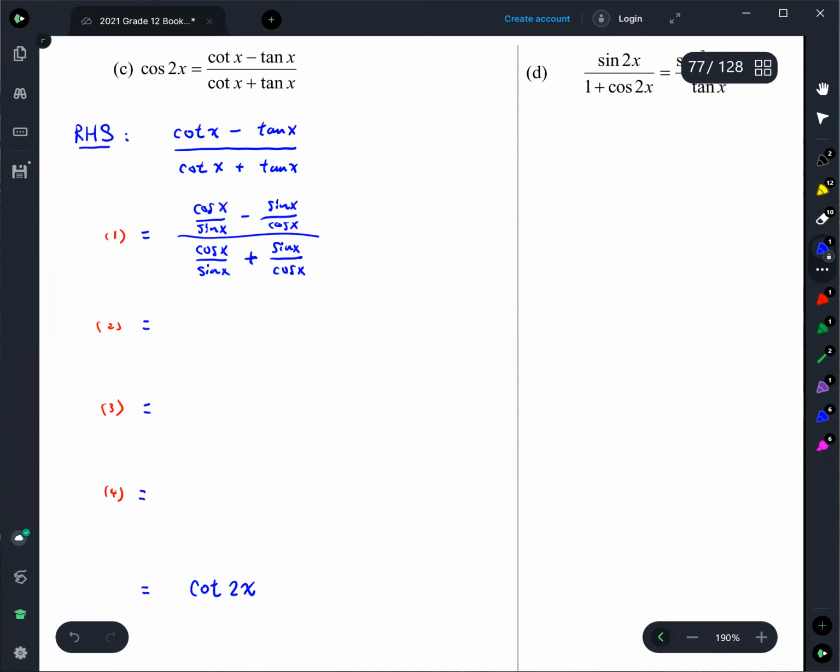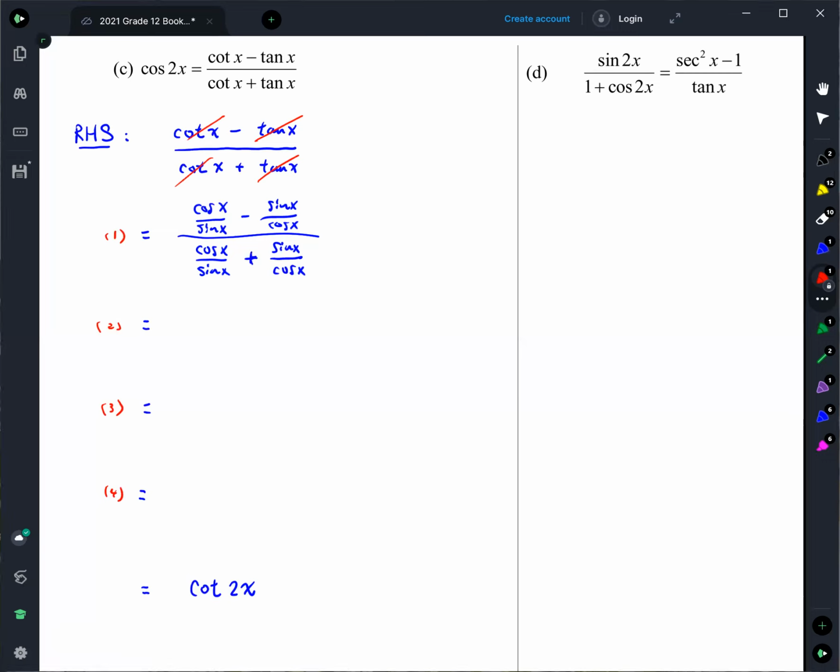So here comes a question: if we have the same thing, can we cross out cotangent, cotangent, tangent, tangent? Can we do that? Susan, can we do that? No, because the signs in the middle are different. Yes, very good.